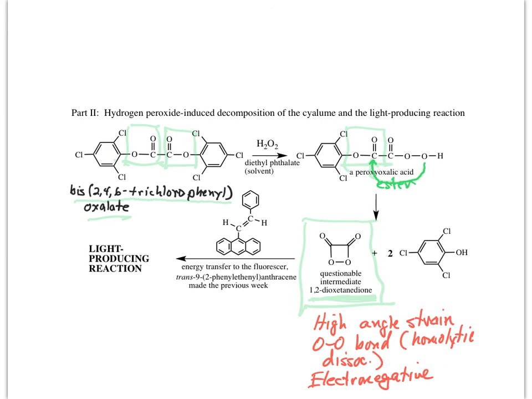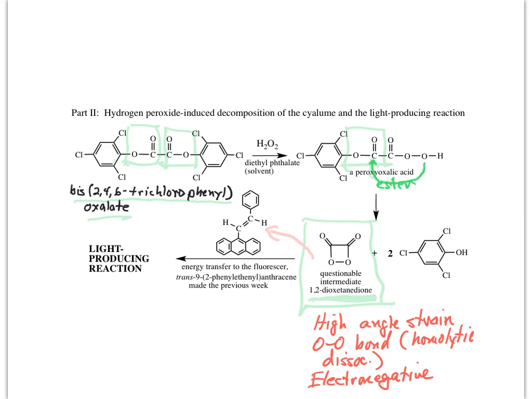And so now what we want to do is link the decomposition of this intermediate that we're creating in the reaction mixture and allow that energy to be transferred to our fluorescer, our trans-9,2-phenylethanol that we made last week.